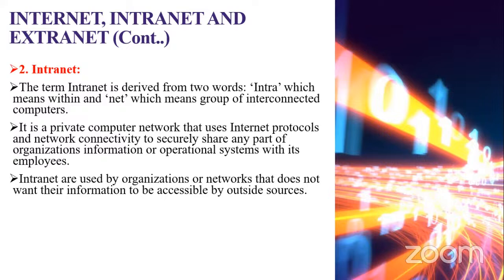Intranets are used by organizations that do not want their information to be accessible by outside sources. It will be accessed only by their employees. The purpose of intranet is to exchange information only within the organization, only among authorized people, not outsiders.